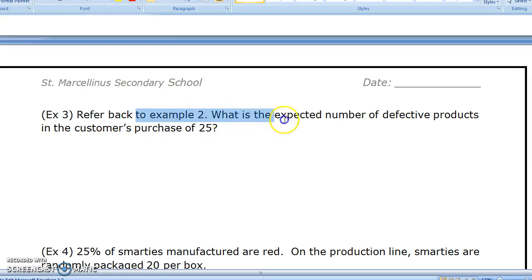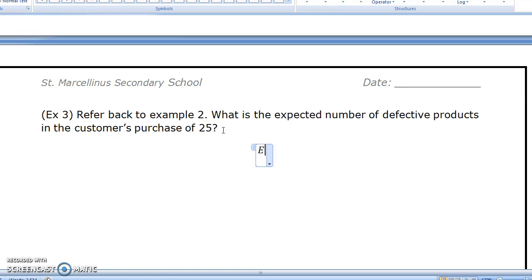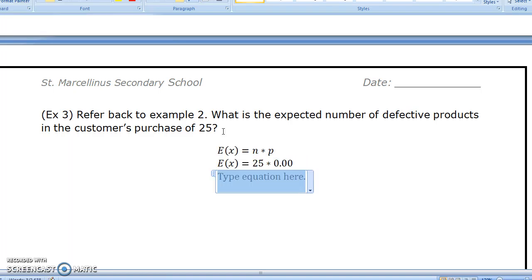Okay, refer back to example 2. What is the expected number of defective products if the customer purchased just 25? Well, the beautiful thing about this is the expected value is just n times p. That's very easy to do. We know there were 25 items, 0.001, so we end up with E(x) equal to 0.025.